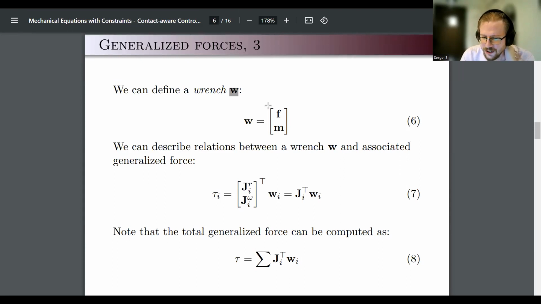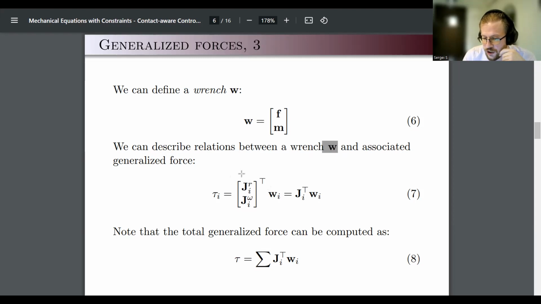So this is a wrench. A wrench is a concatenation of a force and a torque. So it has two entities concatenated together. A wrench is a 6-dimensional object. And we can define a relation between a wrench, W, and the associated generalized force.